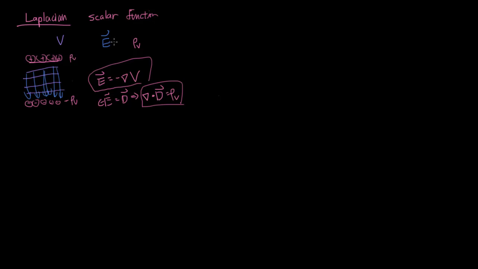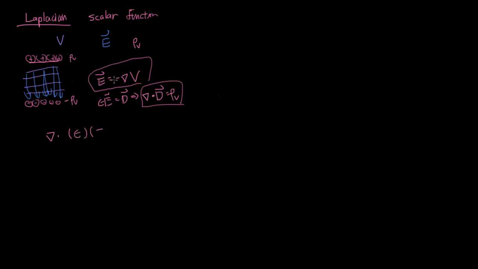If the derivative of this gives you that, and the derivative of this gives you the electric field, then the second derivative-like operation should give you rho V. That's the framework where I want to introduce the Laplacian. You can think of it as the second derivative operator that allows you to tie the potential to the volume charge density.